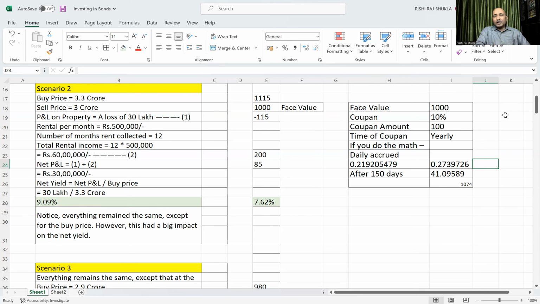So what can we have as an ideal composition? First, of course, direct equities or equity mutual funds up to 65 to 70%. For the balance 35%, we can have direct bonds, or if we are not so comfortable, we can go the debt mutual fund route.